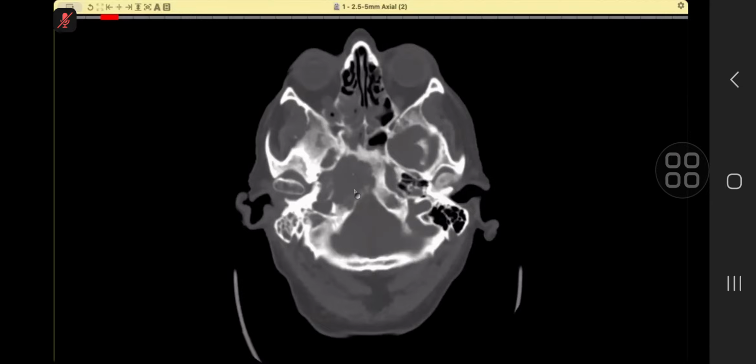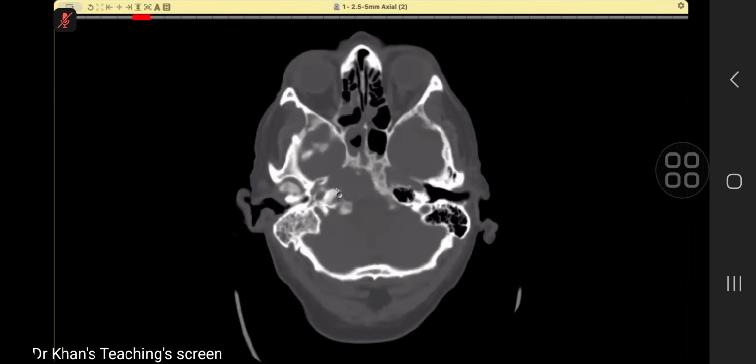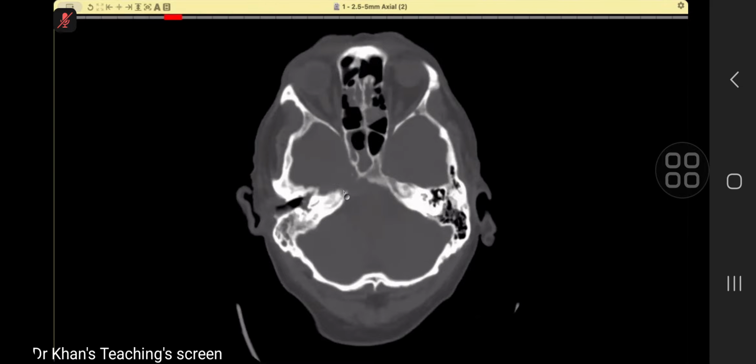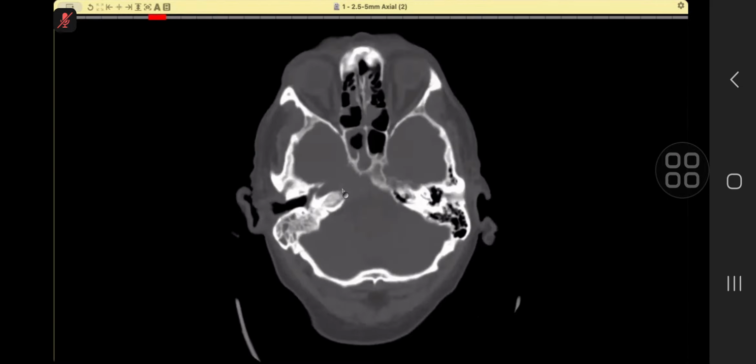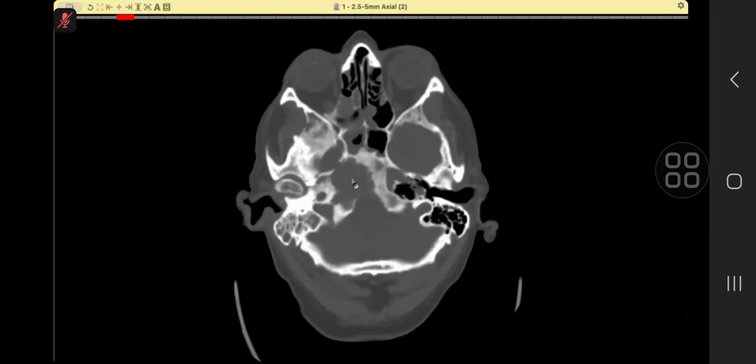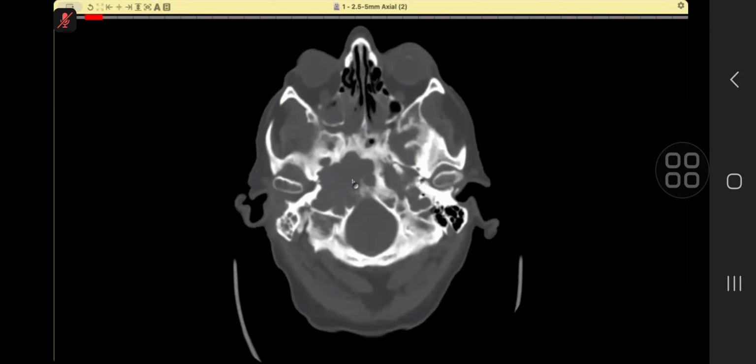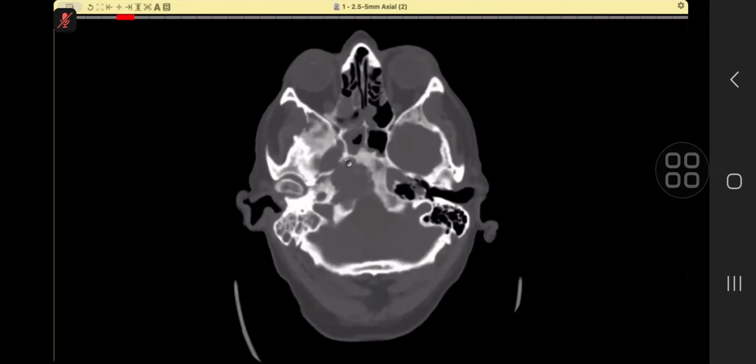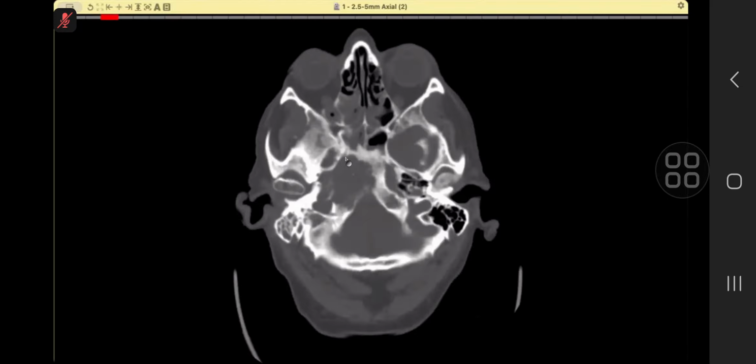It's invading the right petrous apex also. There is destruction of the right squamous temporal bone. Okay, and one second. Hold on, please.